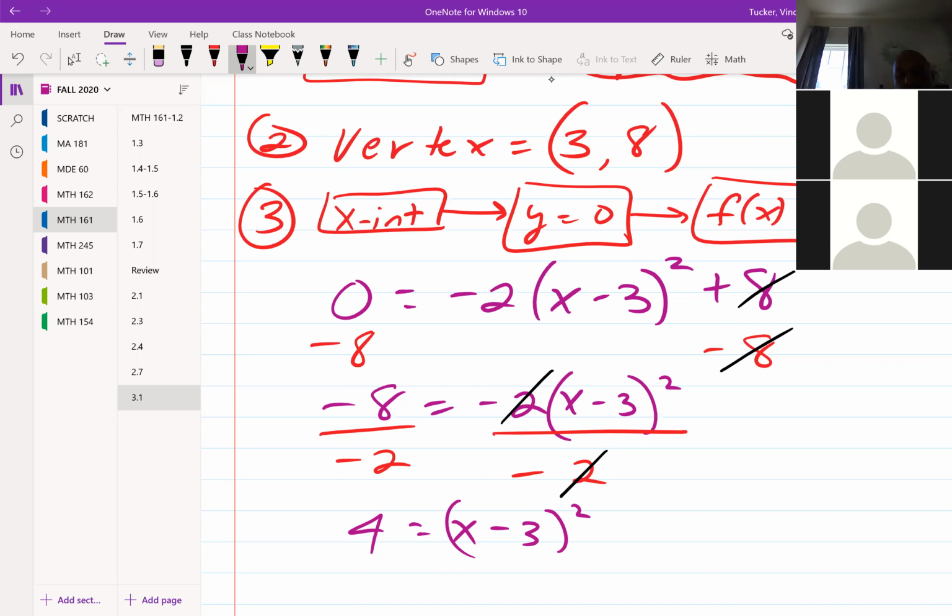So we have 4 equal to (x minus 3) squared. Take the square root of both sides. And of course, that square and square root will cancel.